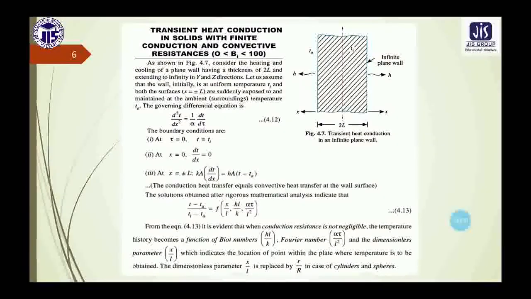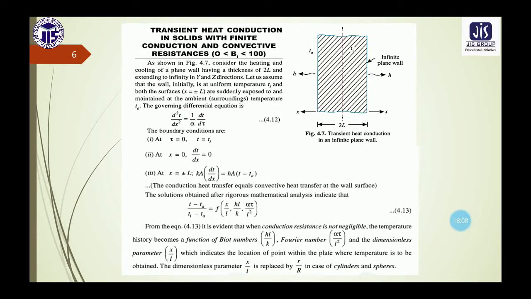The temperature history becomes a function of the Biot number, that is hL by k, the formula is known to us. Then alpha tau by L square is the Fourier number, also familiar to us. And another dimensionless parameter is x by L, which indicates the location of the point within the plate where temperature is to be obtained.